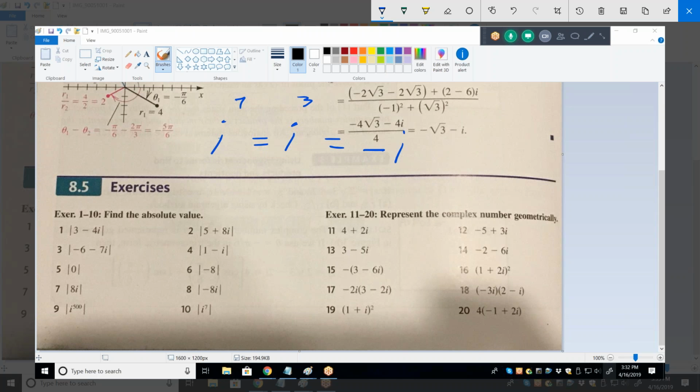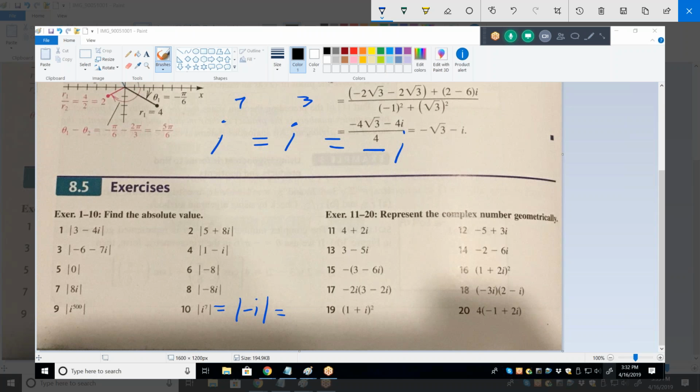Correct. So what they're really asking here is that. And what is that answer? That is, so that's going to be i. Is that right? i?